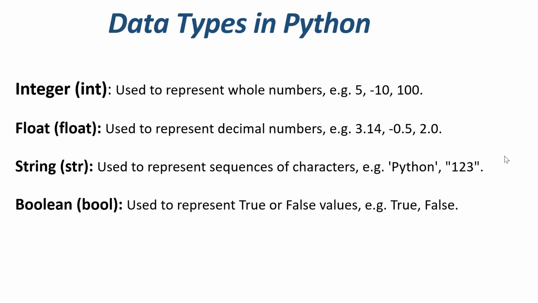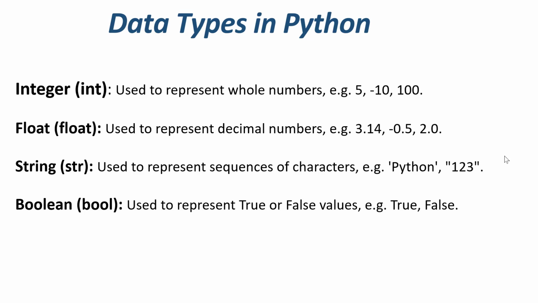Then the second type is float. If you have a fraction number that you want to store, you will go with a float value. But remember, in Python we don't call it a fraction data type, it's just a float.